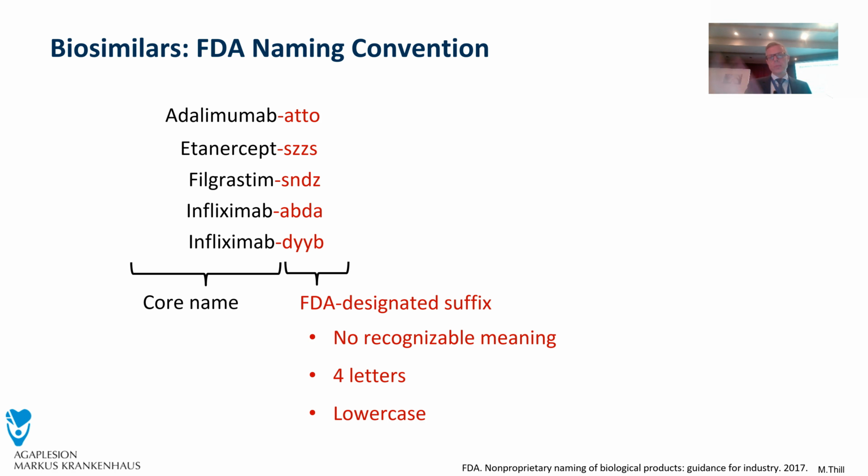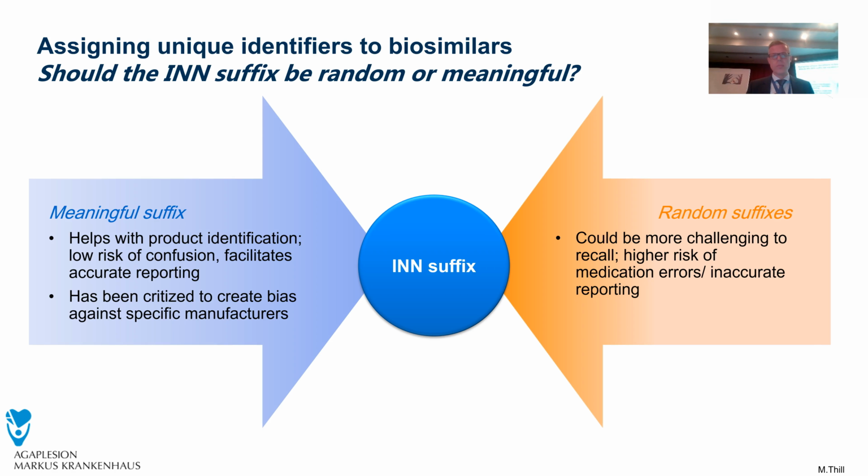These are different examples, and there you see adalimumab, for example, ATTO has nothing to do with the company, it's just by accident, and infliximab A, B, D, A. So maybe it's better to recommend using suffixes that have something to do with a company or make it easier to identify. So this is a discussion that is going on: random or not random, is this meaningful?